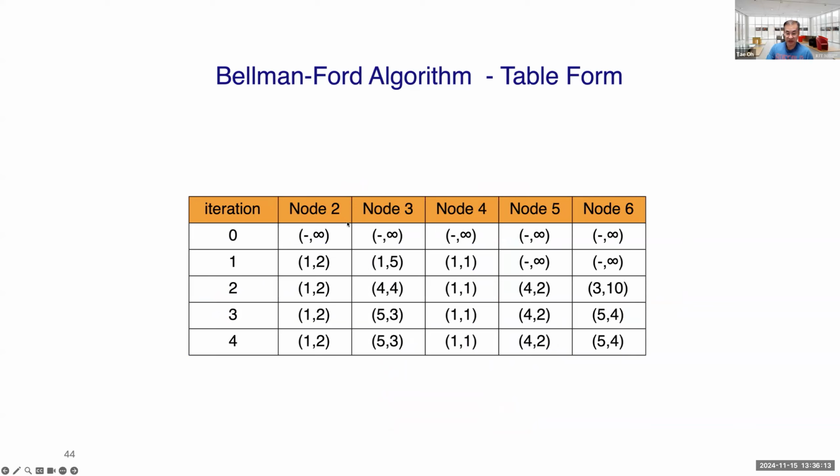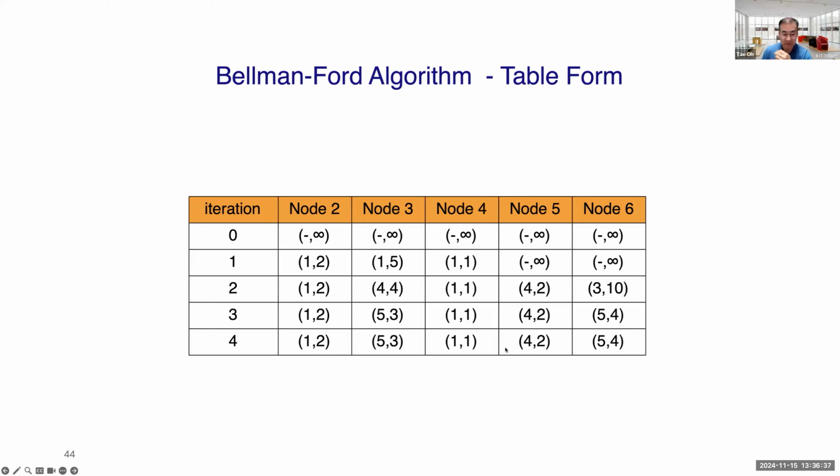I want you to go through the table after this presentation. As you can see, it's different. For node 2, node 3, node 4, node 5, node 6, the initial value is infinity. These are the values at the first iteration; in the second iteration, all the nodes are updating, right? This is the third iteration and the fourth iteration.